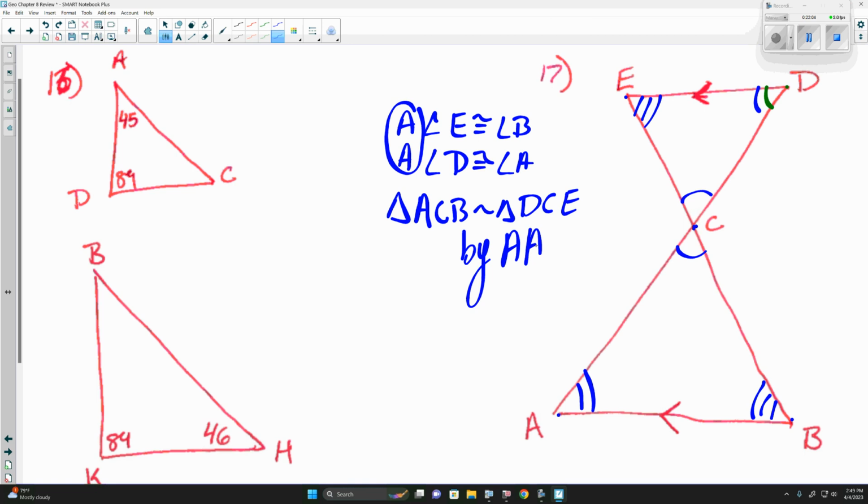Unless it says specifically to state the reason, we don't need to. So angles: congruency; sides: similarity, similar, proportional.